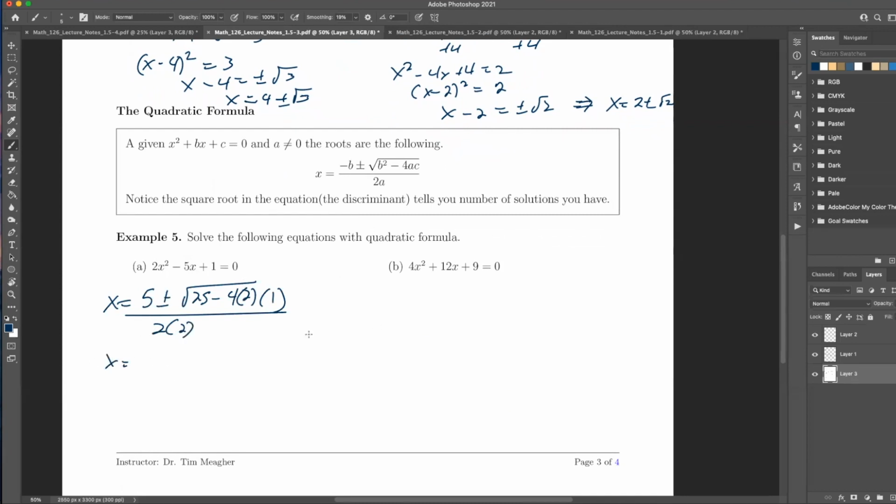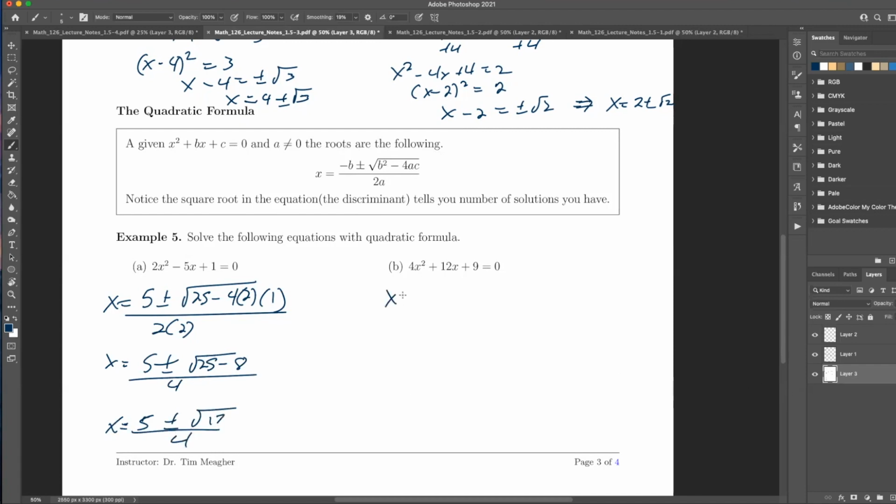And if we simplify this out, we get 5 plus or minus the square root of 25 minus 8, all over 4. We can do one more step: this is equal to 5 plus or minus the square root of 17 over 4.